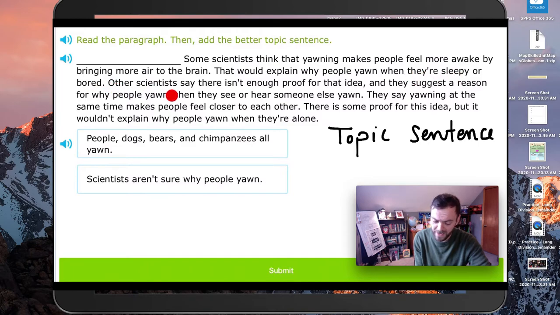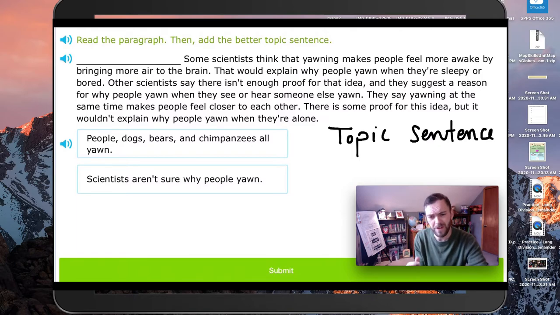Now, other scientists say there isn't enough proof for that idea. They suggest a reason for why people yawn when they see or hear someone else yawn. Does that make you want to yawn? They say yawning at the same time makes people feel closer to each other. There's some proof of this idea, but it wouldn't explain why people yawn when they're alone.